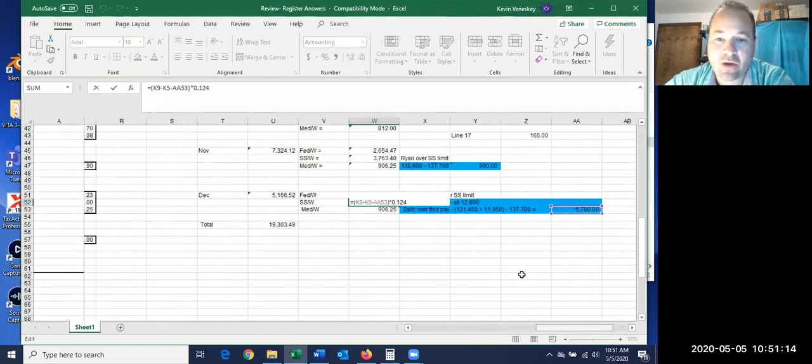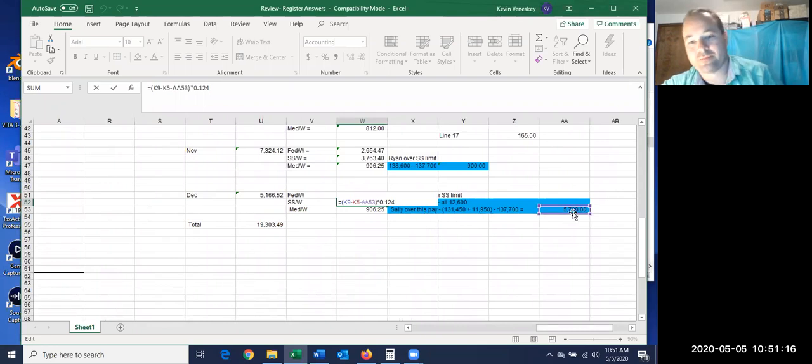And then I subtracted out what Sally was over. So I took her November year-to-date plus December, knowing that that's over, subtracting out the cap. That tells me how much she's over.